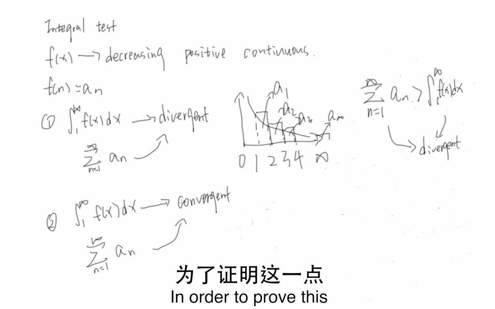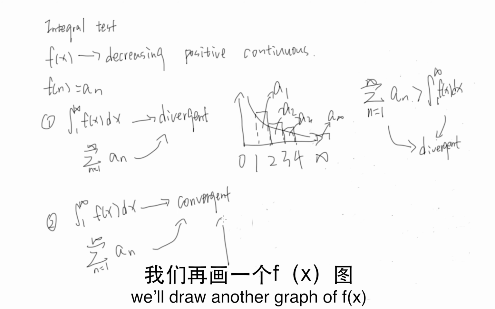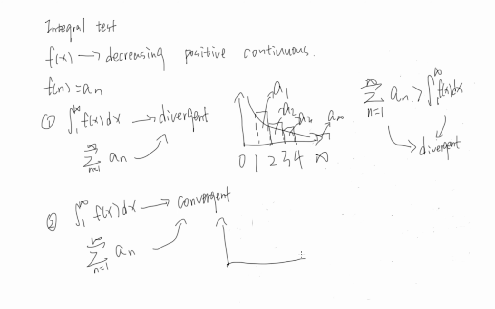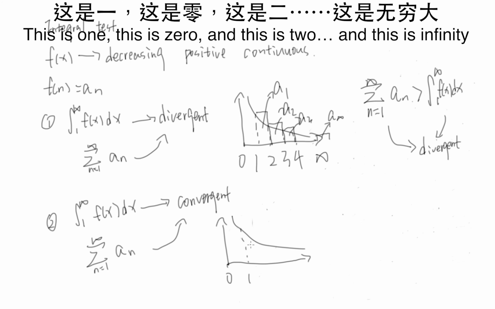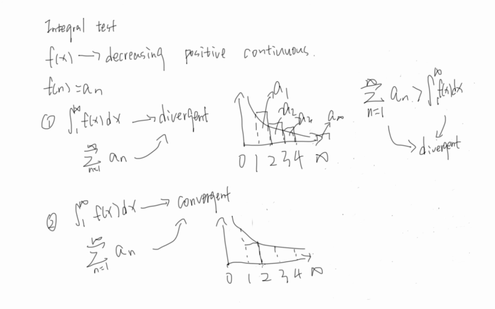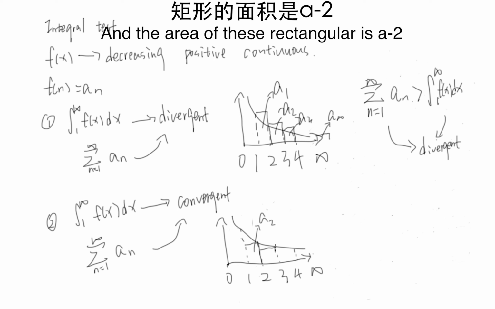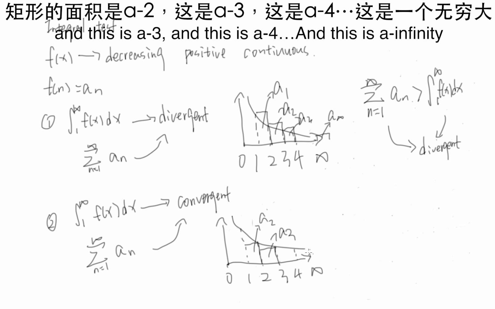In order to prove the other conclusion, we draw another graph of f(x). This is 1, this is 0, this is 2, this is 3, this is 4, and this is infinity. And the area of this rectangle is a2, and this is a3, and this is a4, and this is a infinity.